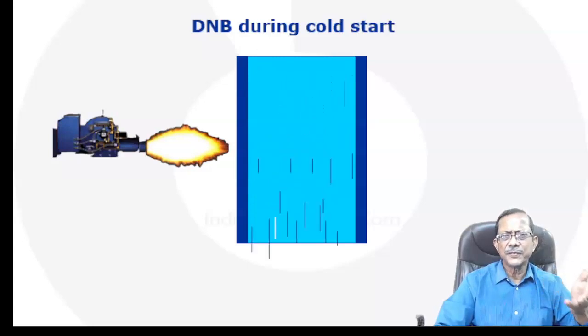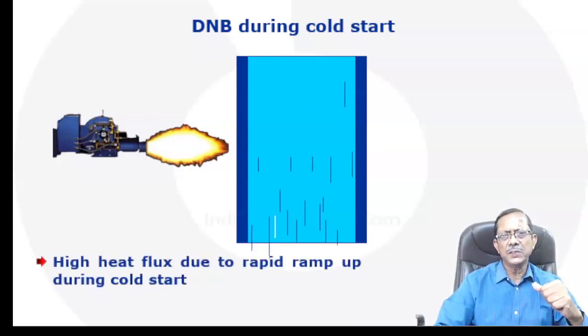So the answer is definitely that during the cold start, if we are putting more heat load, faster heat load, if we are trying to ramp it up faster, right, that is going to lead to such a condition. If we give the heat at a higher heat flux, then this condition will be faced, right?